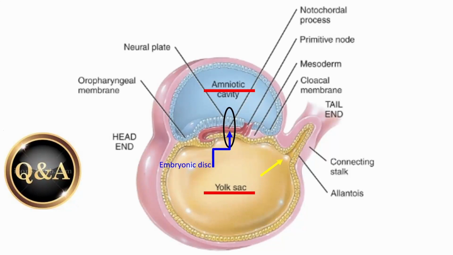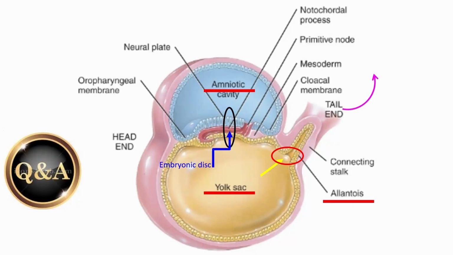If we follow this arrow, we find that this yolk sac has an extension into the umbilical cord. This is called allantois. We will know shortly why we should know these things.